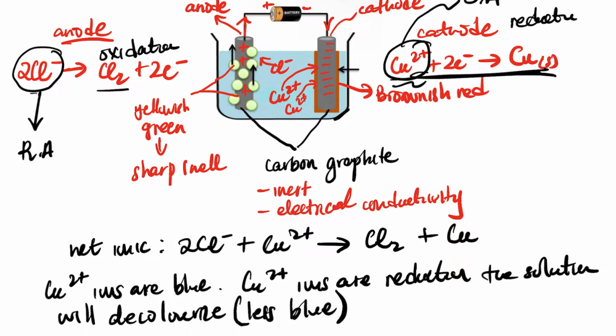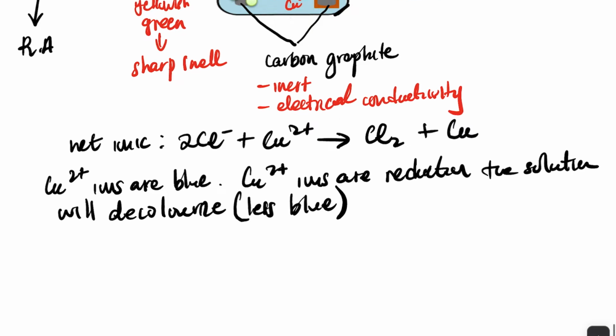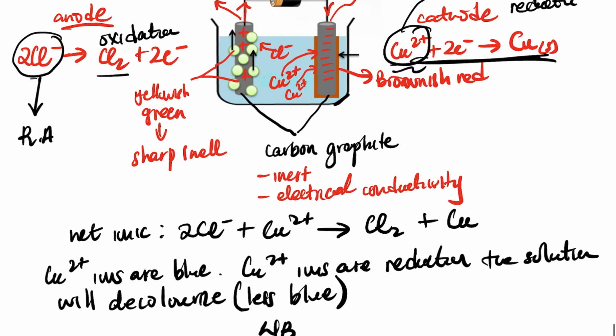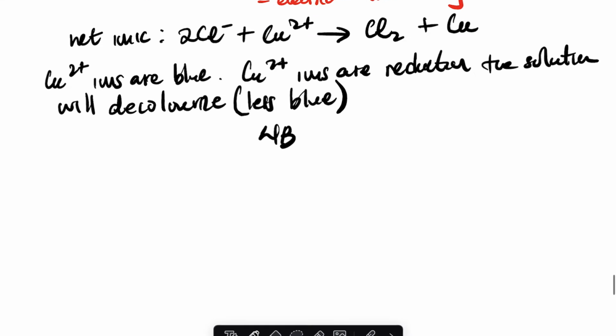Guys, if you look in the table there, in table 4b, the one that is oxidizing is chlorine. Chlorine will be here at the bottom, which is going to be 2Cl- to Cl2 plus 2 electrons.